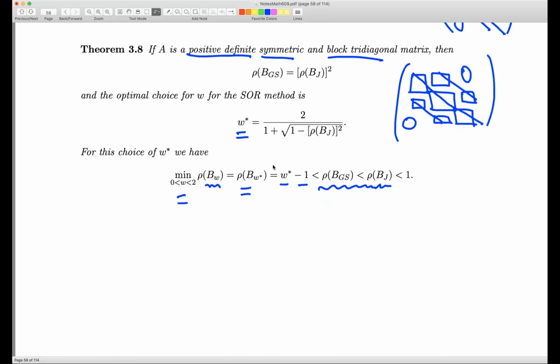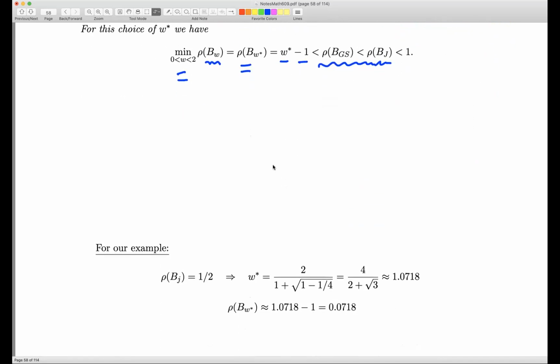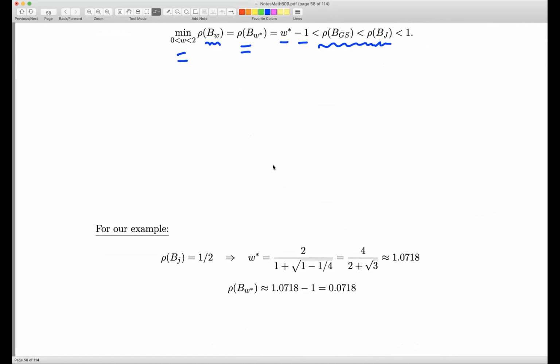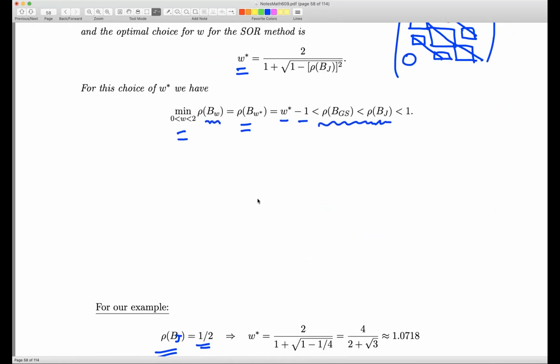Now, what we can do here is, if we look here, this is B_J. If we look at our example, you remember that the spectral radius of the Jacobi matrix was 1/2. And in our example, the matrix was 2, minus 1, minus 1, 2.